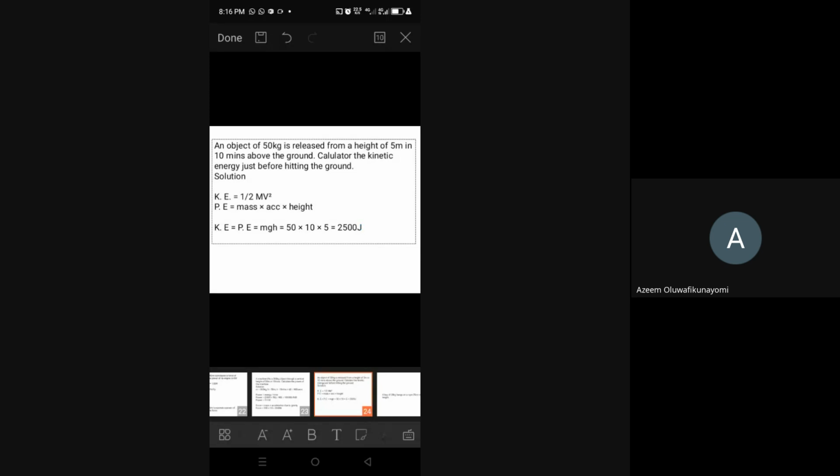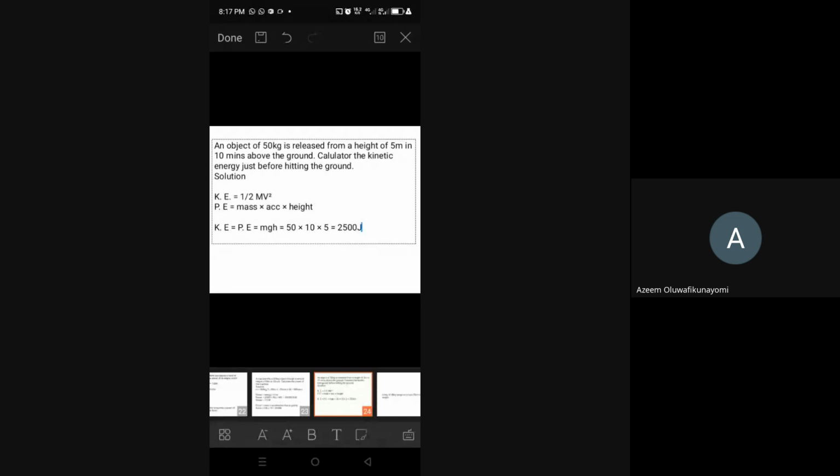But once that object begins to move, it gets to a point where kinetic energy is equal to potential energy, especially when the object is just about to strike the ground. Because after it has rested on the ground, there's no kinetic energy again. That is why the question says just before hitting the ground. That is how they normally ask the question. But if the object has not started motion, there is no kinetic energy.